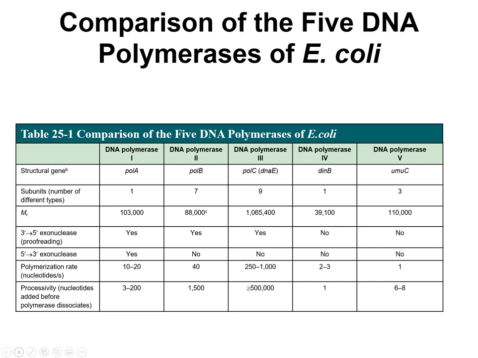It tells you the molecular weight, whether or not there's proofreading activity, and the processivity. You don't need to memorize this, but if I gave you information from this chart, you should be able to parse it and compare one enzyme to another.